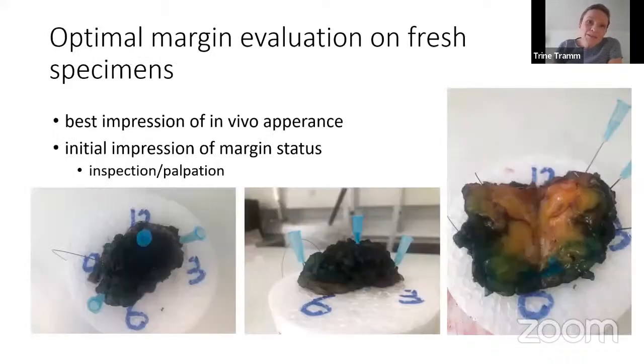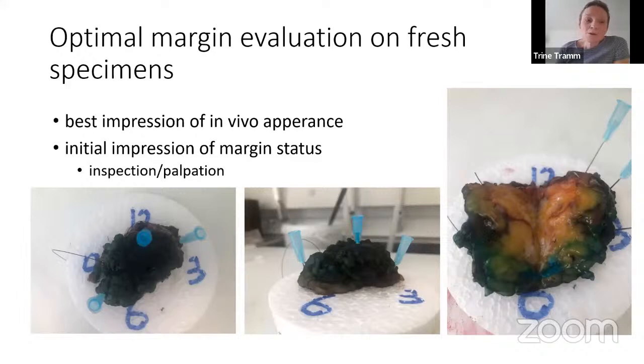What I like to do is evaluate margins on the fresh specimen. That gives me the best impression of the in vivo appearance of the specimen. So the flattening and pancake effect starts right from when you remove the lumpectomy, and so this gives me the best possibility of seeing what it actually looked like.